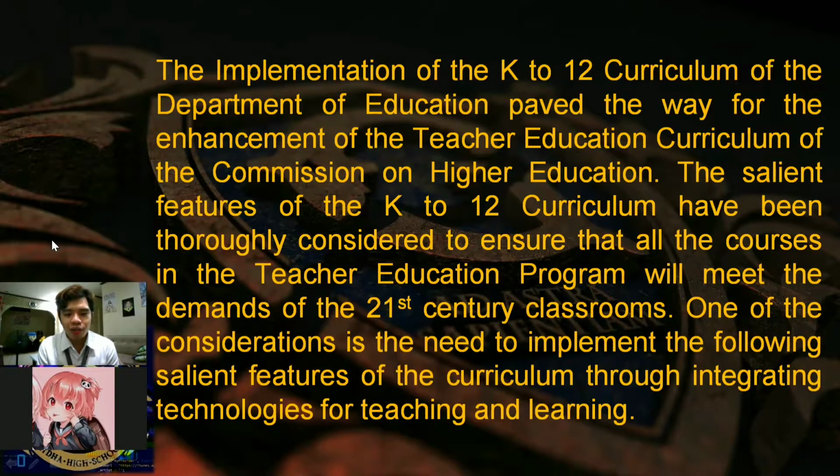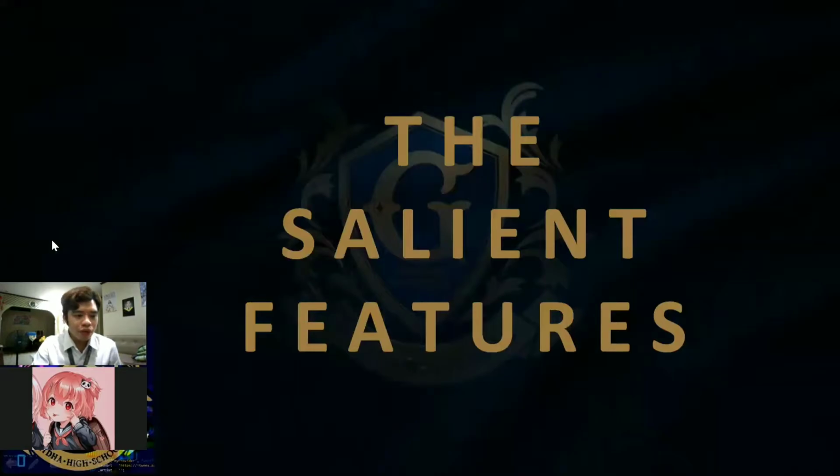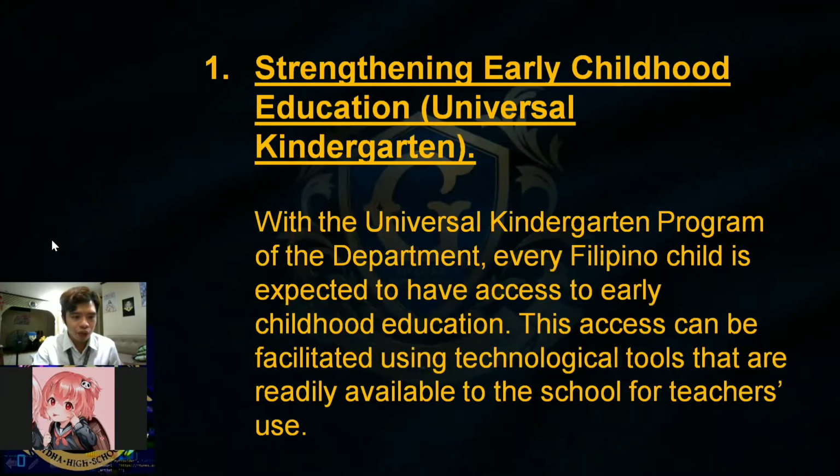One of the considerations is the need to implement the following salient features of the curriculum through integrating technologies for teaching and learning. When we say salient features, these are the features that stand out or that make the K-12 curriculum different from the previous curriculum that we have. Now let's talk about the salient features.